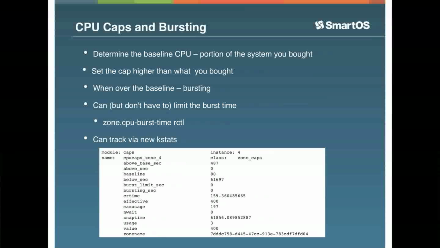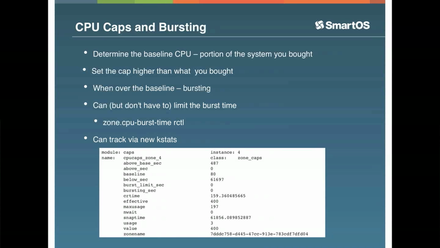We also added another rctl called the burst time, which allows you to set a number of seconds that a customer could burst before they would cap down to their baseline. Within SmartOS, we don't actually ever set this, so you can burst indefinitely. You can track this now with kstats that we added. In this, the value 400 means you're essentially getting 4 CPUs, or 400% of one CPU, is what your cap is set to.